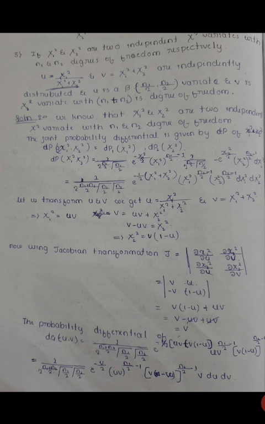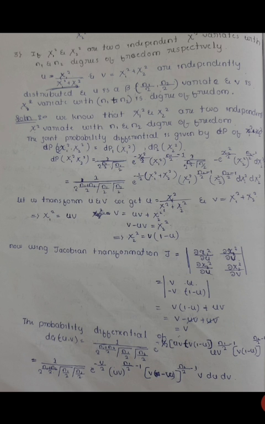Already you know the probability density function of the given distribution. dP1(χ1²) is equal to 1 upon 2^(n1/2) Γ(n1/2) e^(-χ1²/2) (χ1²)^(n1/2 - 1). Similarly, dP2(χ2²) is 1 upon 2^(n2/2) Γ(n2/2) e^(-χ2²/2) (χ2²)^(n2/2 - 1).